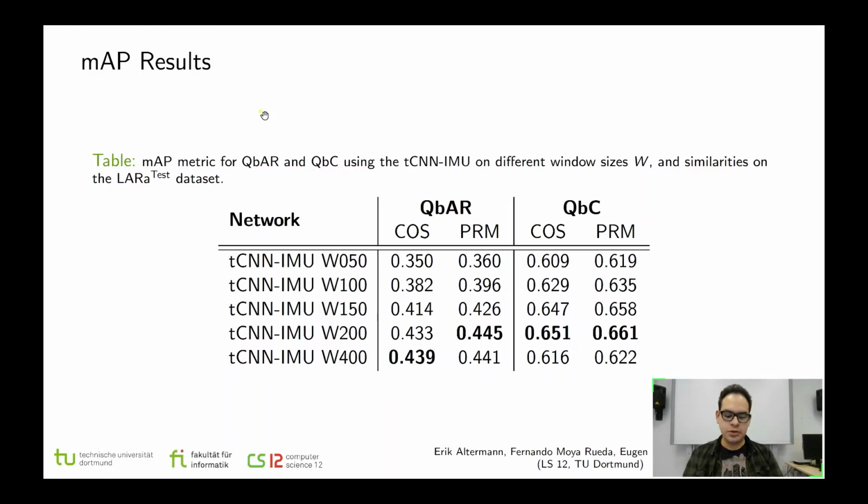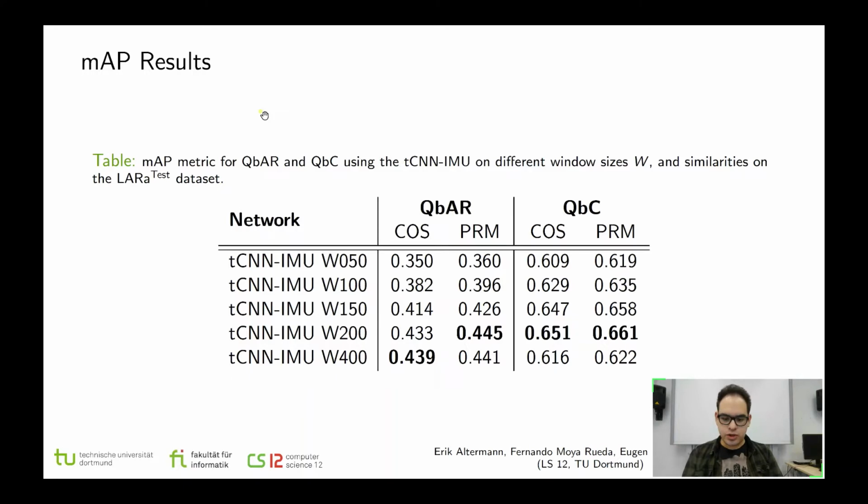The first thing we did was to compare different segmentation sizes with the two similarity metrics that we have, and compare query by attribute representations, which are combinations of attributes, against query by classes. We can see here that the values for query by class are pretty good, with values above 0.6.